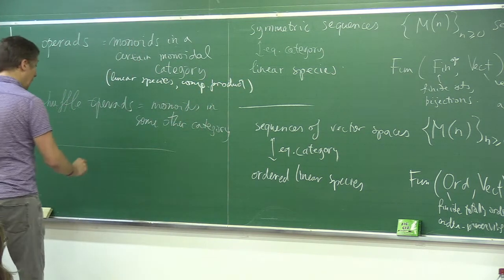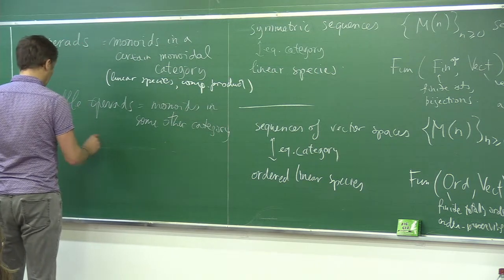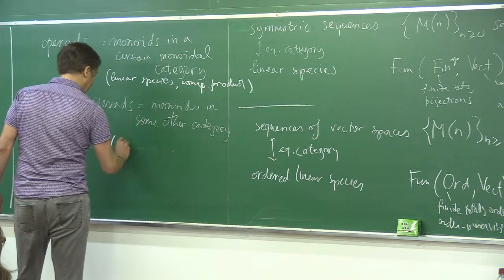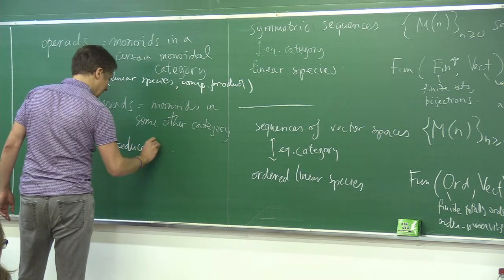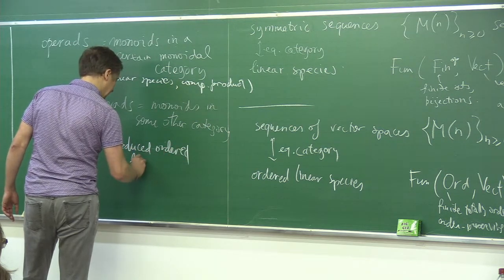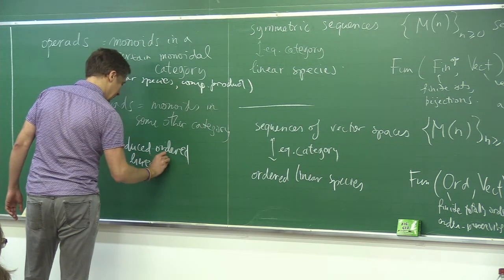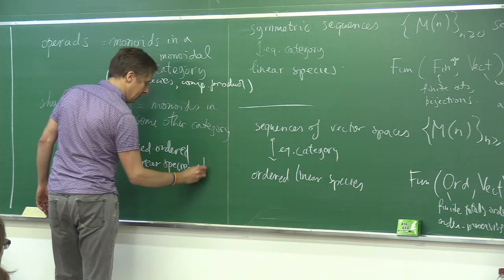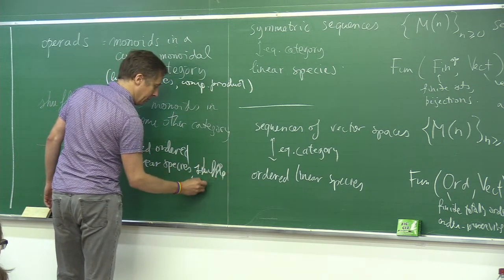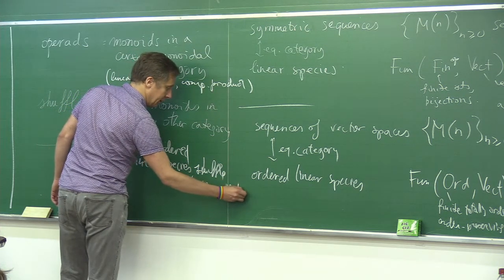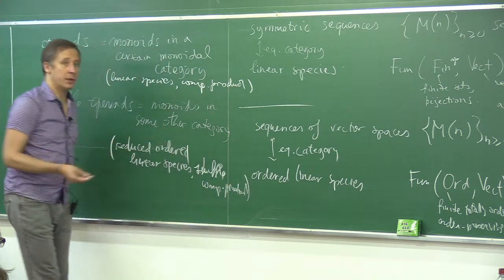And shuffle operads are modeled in the category of reduced ordered linear species with the shuffle composite product. These are the definitions of these two.